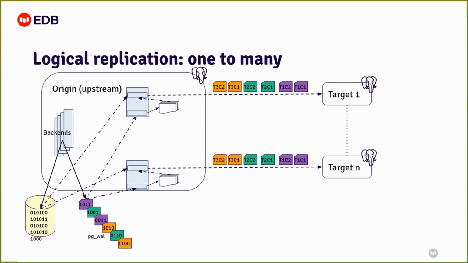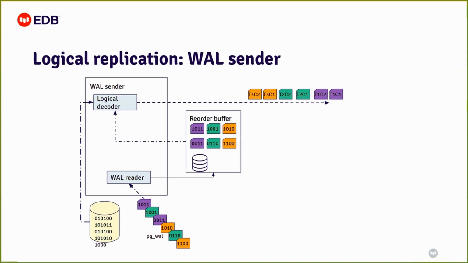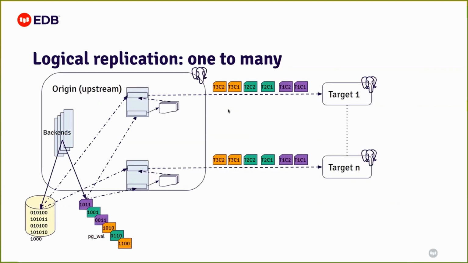Now consider the scenario when there are multiple downstreams. For each such downstream, there is one WAL sender on the upstream. So if there are n downstream servers, then there are n WAL senders running on the upstream node. And each of these WAL senders is doing all of this: reading WAL records, reordering, decoding, and then sending them downstream. In most cases, a given WAL record maps to a given logical change record.